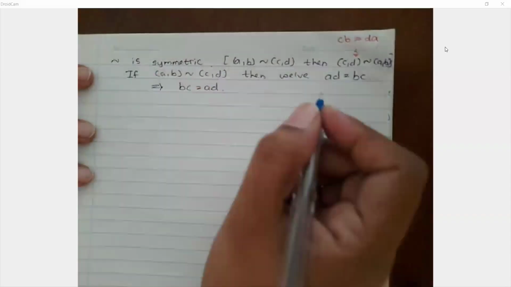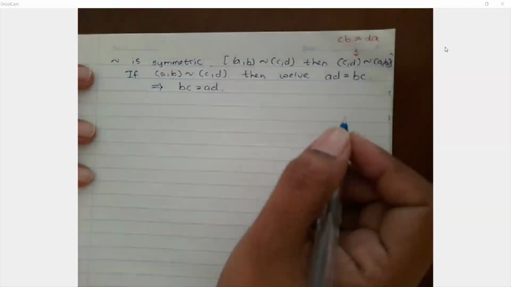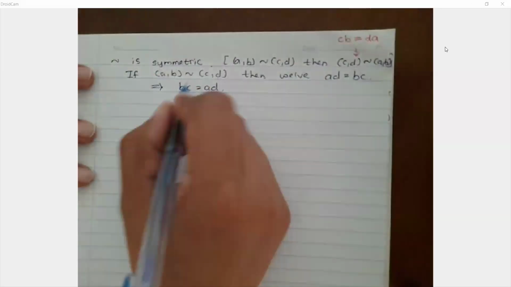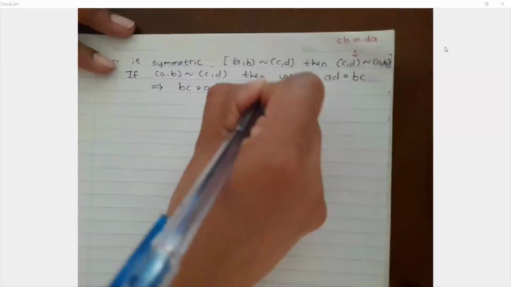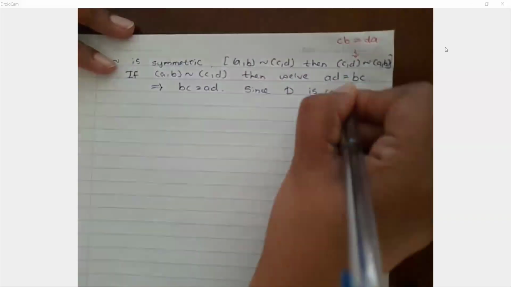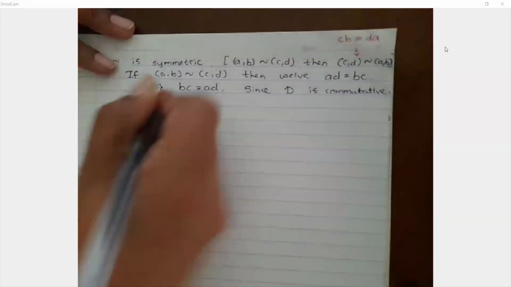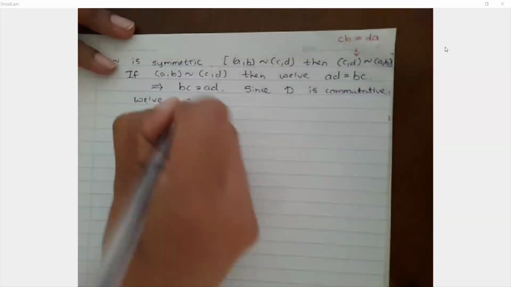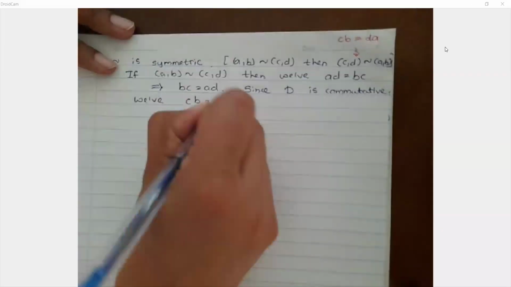We know that D is an integral domain, so it's a commutative ring. So we commute each of these elements on both sides, right? Since D is commutative, commuting these two, we have CB equal to, commuting these two once again, DA.